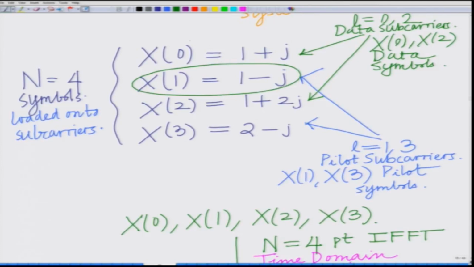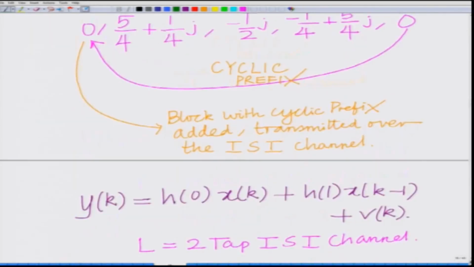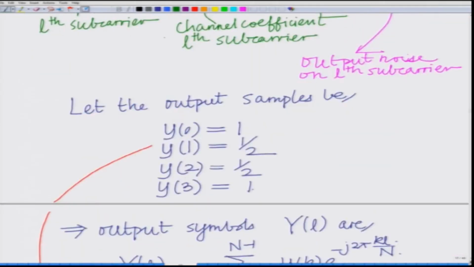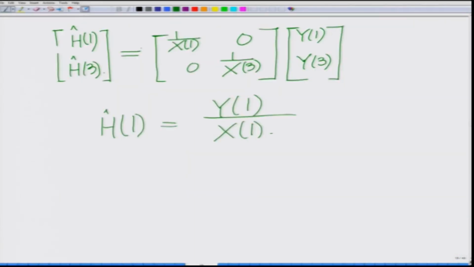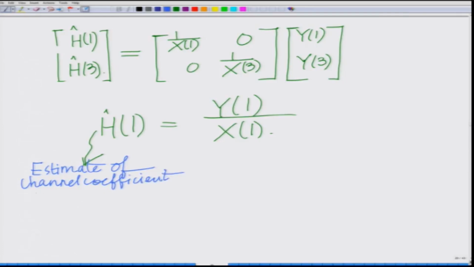Therefore, I can compute capital H hat 1, which is the estimate of the channel coefficient across subcarrier 1.